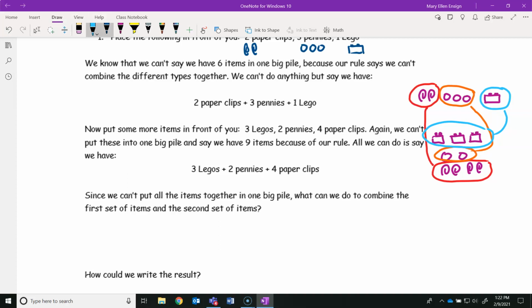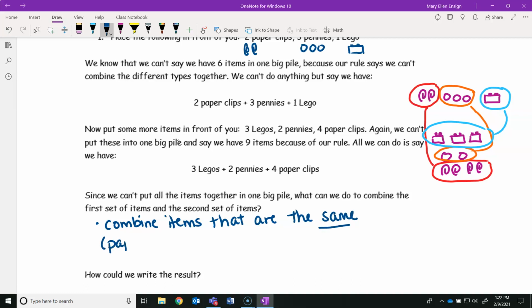So what can we do to combine the first set of items and the second set of items? Well, we can combine items that are the same. So I can say paper clips with paper clips, etc.